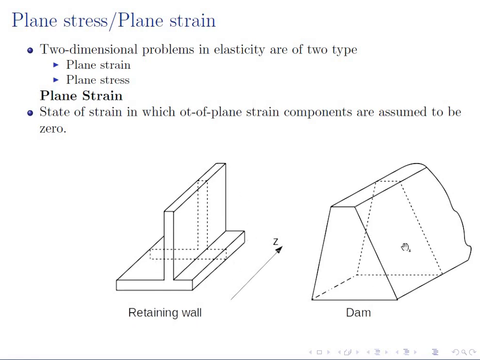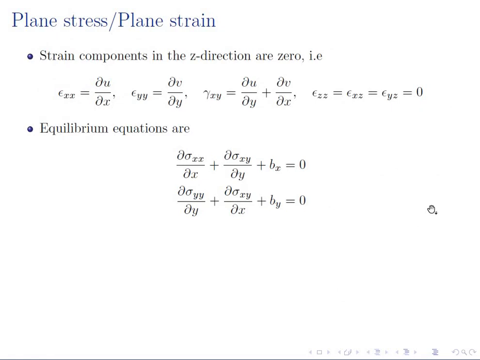Similarly, for a dam, again the change in the strains in the z direction is negligibly small. So we can analyze this dam with satisfactory results by only considering the cross section of the dam in the xy frame. Correspondingly, the out of plane strain components are 0, or epsilon zz is equal to 0. Similarly, epsilon xz and epsilon yz are also equal to 0.